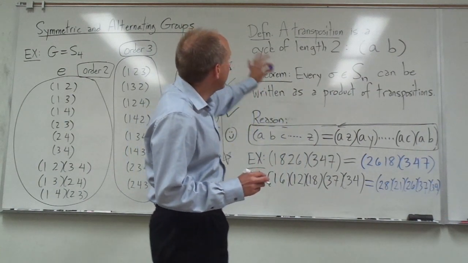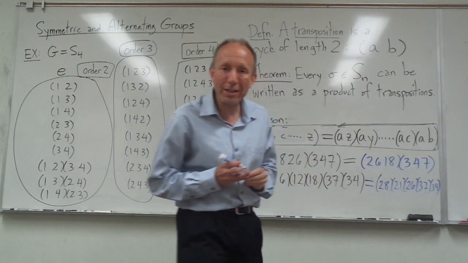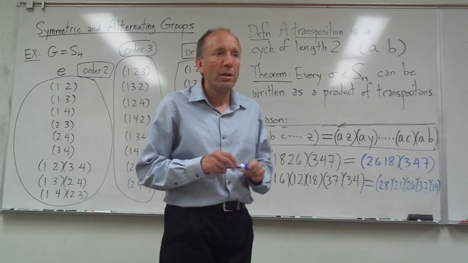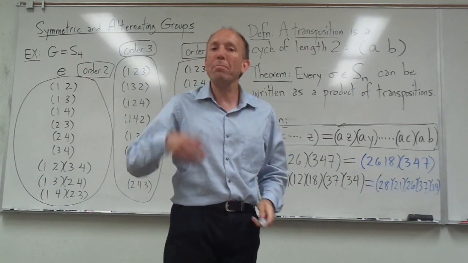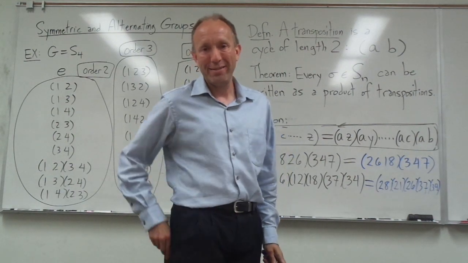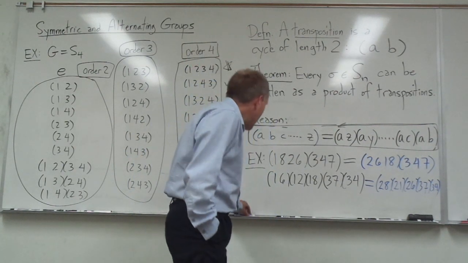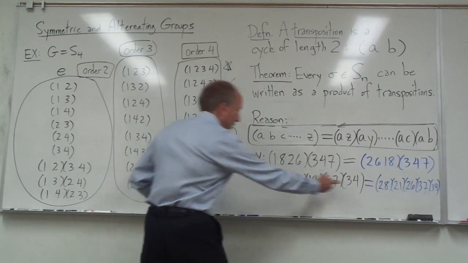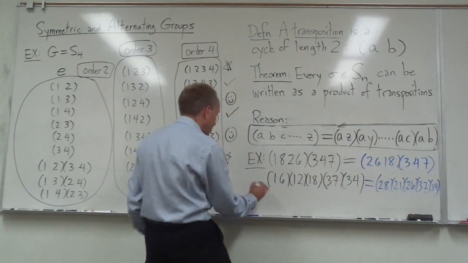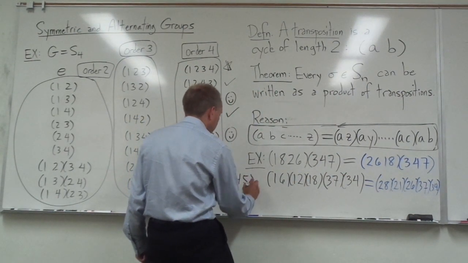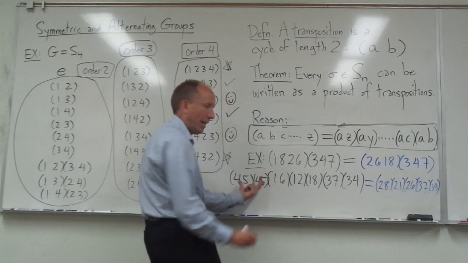When we say that every sigma can be written as a product of transpositions, it does not say that it can be uniquely written as a product of transpositions. I mean, heck, I could come over here, I could take this expression, right, and I could just add a (4 5)(4 5) here, for all I care, right?